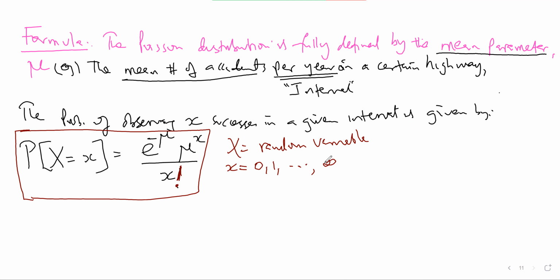Then we have e, a mathematical constant, which you'll be obtaining from your calculator. And you need to learn how to get that value correctly. This number is always around 2.718 something.